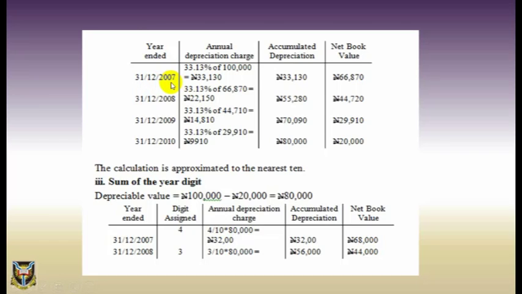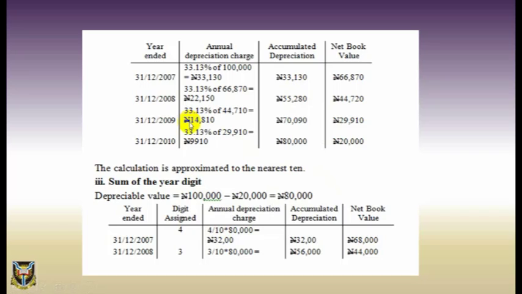31/12/2007. Annual depreciation charge 20,000 naira. Accumulated depreciation 20,000 naira. Net book value 80,000 naira. 31/12/2008. Annual depreciation charge 20,000 naira. Accumulated depreciation 40,000 naira. Net book value 60,000 naira. 31/12/2009.